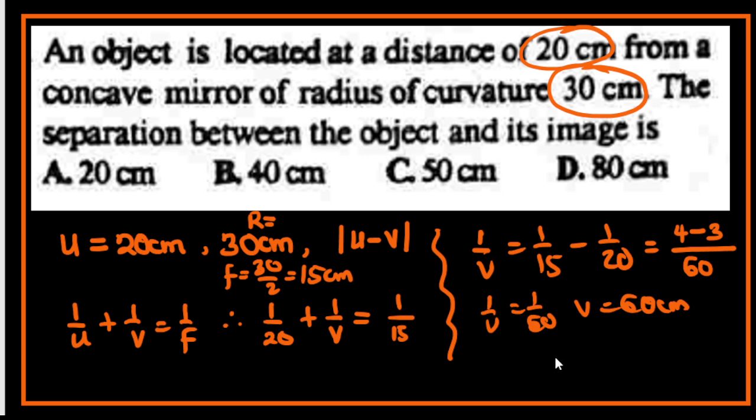Then Moid is right, the answer is 40, because what you should have is v minus u, which is the distance between the image and the object. That gives us 60 minus 20, and that's 40 centimeters. So that's very much correct. So 3 more questions to go.